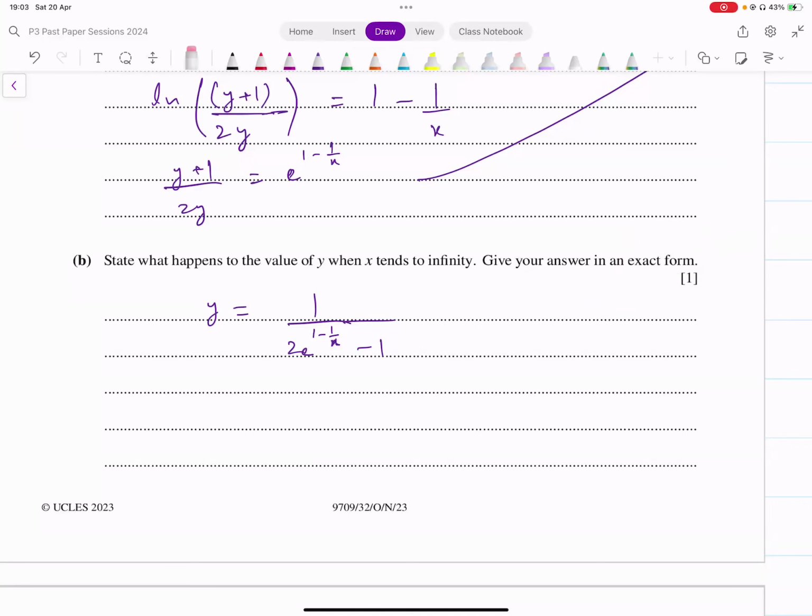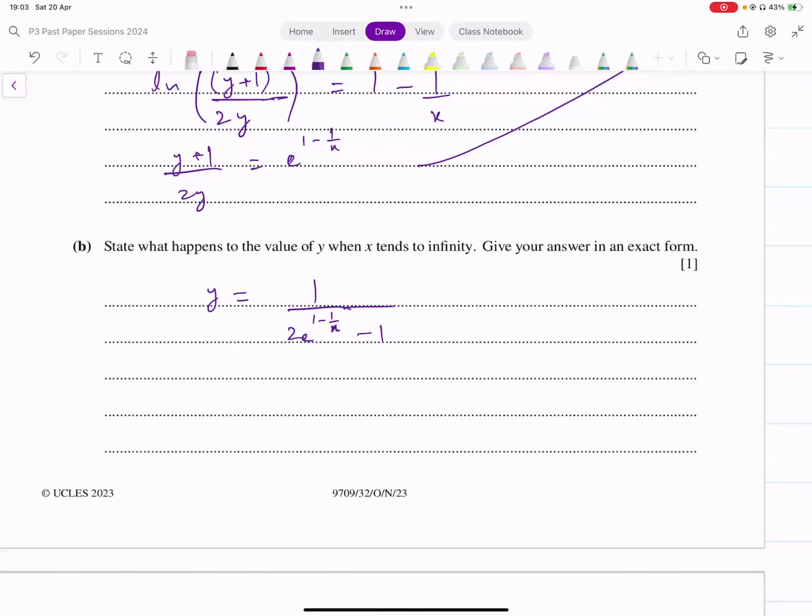So how do we think of it logically? Where is x? X is only in this part. Okay, so let's break it down. As x goes towards infinity, what happens to 1 over x? When the denominator becomes very large, what happens to this fraction? This fraction is going to go towards 0.